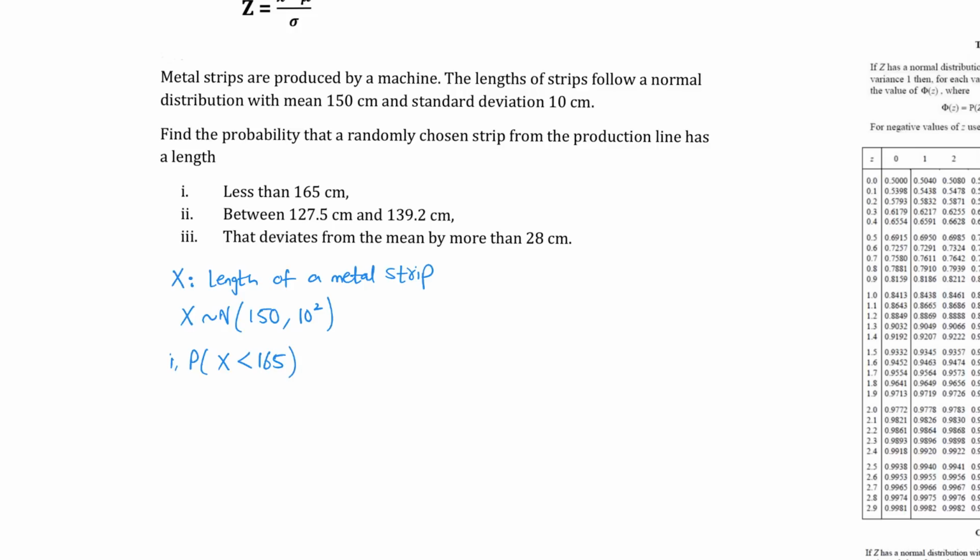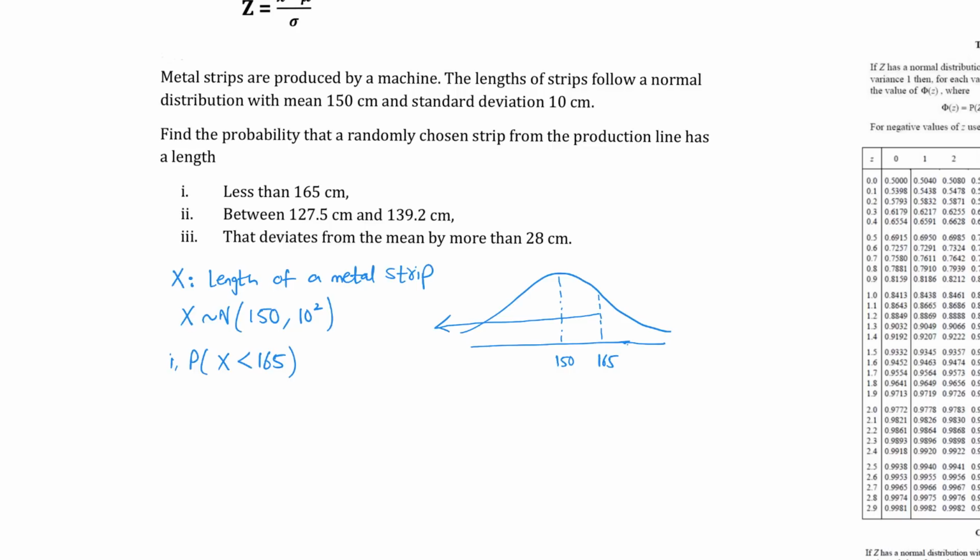So the first step is to convert. Okay, let me draw a normal distribution curve for you. This is a normal distribution curve, this is not a standard normal distribution curve. So the mean is 150. Obviously 165 would be towards the right, and you want to find this probability. So the first step is to convert the value of 165 into a z value.